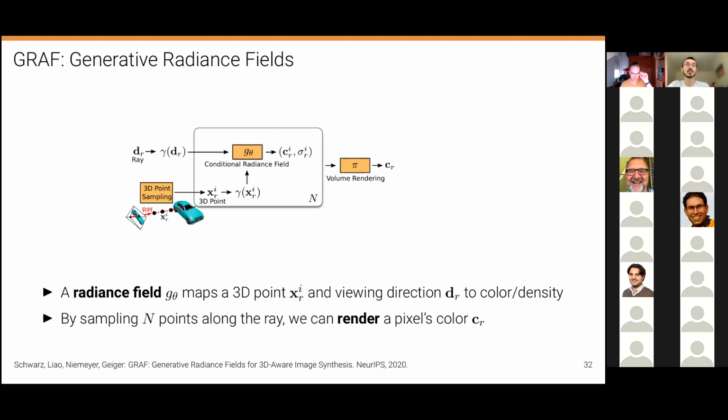So here's a little bit more detailed view of this model. We have this radiance field G that maps a 3D point X and a view direction D to color and density. And by sampling n points along a ray, we can render a pixel's color.